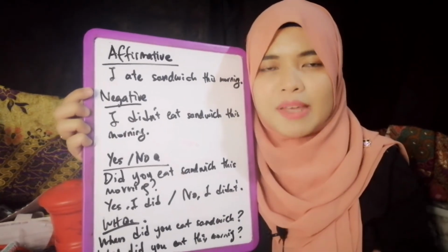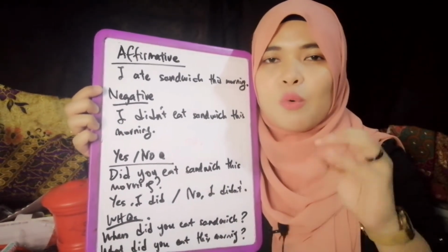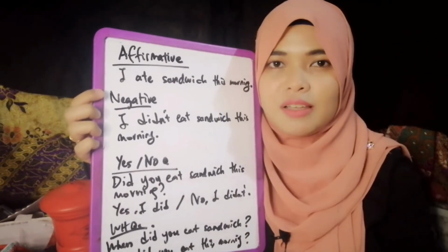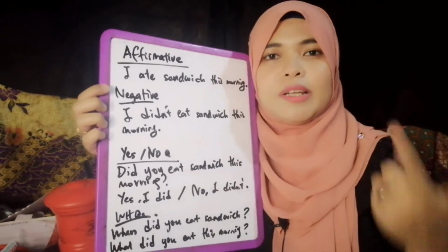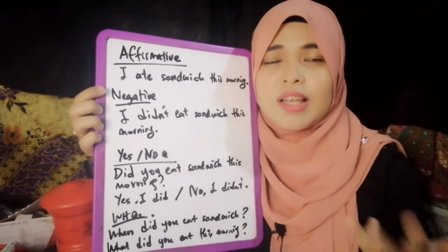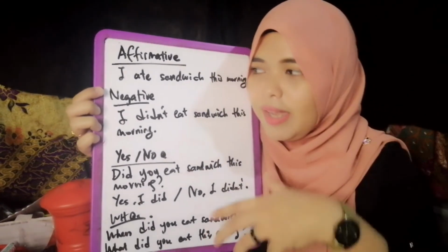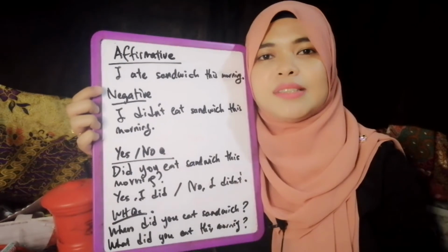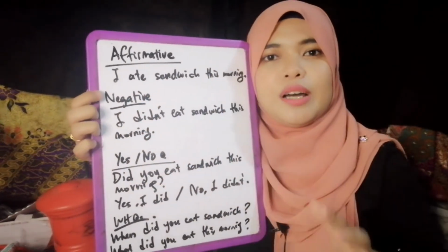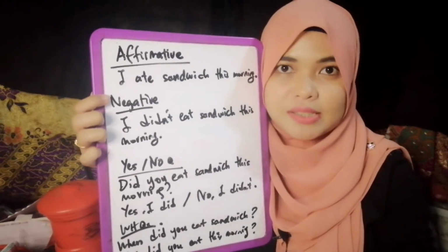When you want to make a simple past tense sentence, you just have to remember what elements you want to say. You want to talk about affirmative, negative, yes no questions, or questions with WH words, right? In past tense, you need to know that we change the base verb when you want to talk about an affirmative or positive sentence.